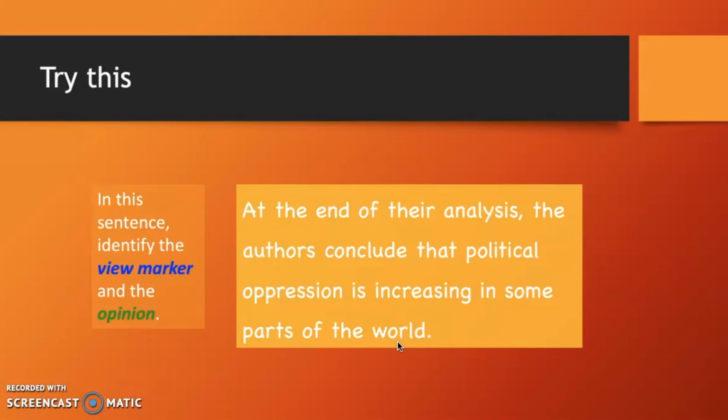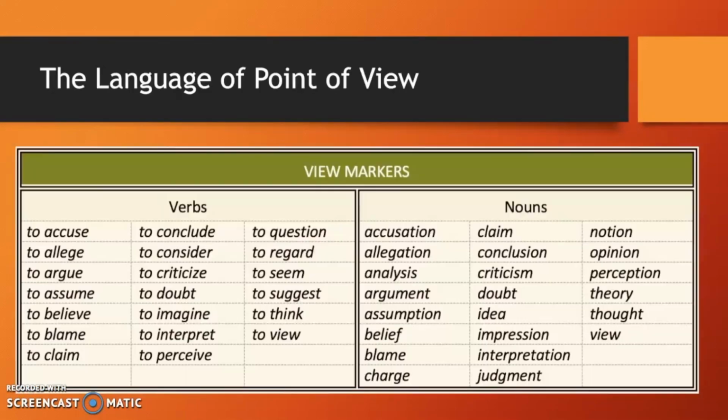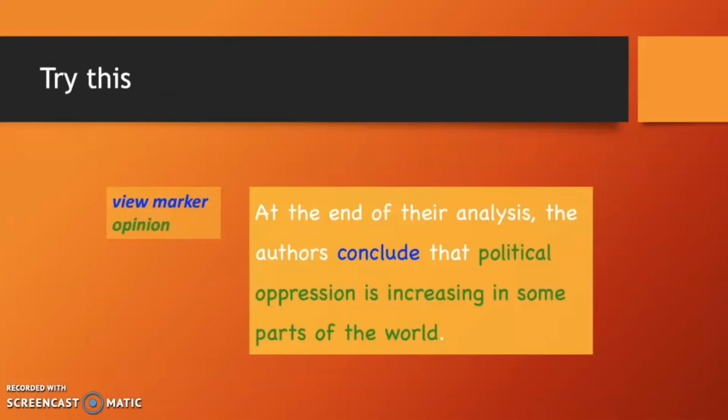Which word in here indicates that we're talking about a point of view? Remember that these words here are the view markers. So if you found the word "conclude," you were correct. And what was the conclusion or the view that the authors are talking about? It is that political oppression is increasing in some parts of the world. That's the opinion.